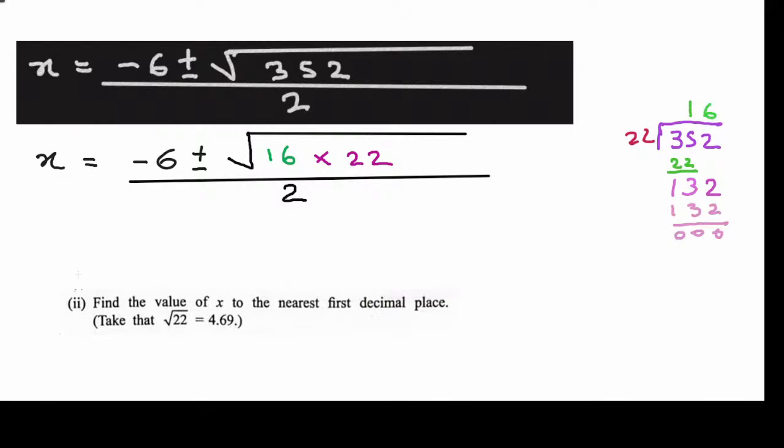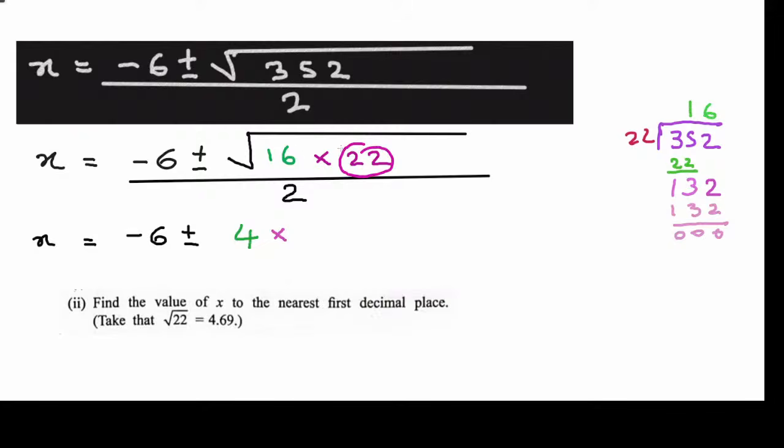So then x is equal to minus 6 plus or minus, what is the square root of 16? It is 4. So 4 is the square root of 16, times what is square root of 22?